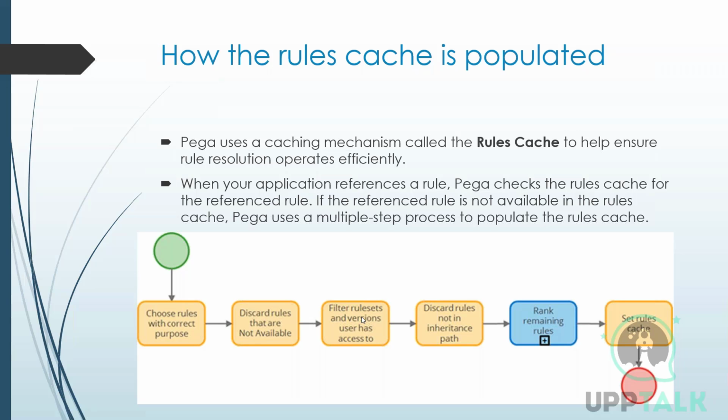Again, I have to check whether the user has access to that particular rule set and version or not. A few of those would get eliminated here. Then discard rules that are not in the inheritance path. I should discard rules that are not part of my ancestor tree. Then finally, I would rank the rules and then set the cache. So this is how the process is going to be.